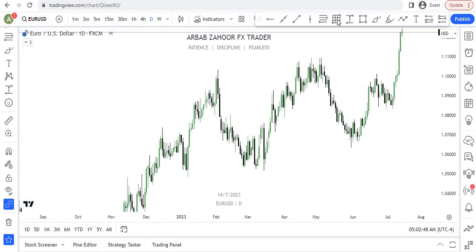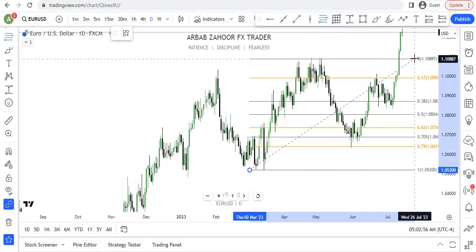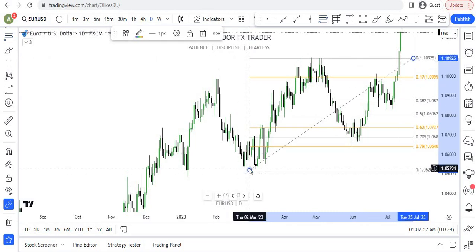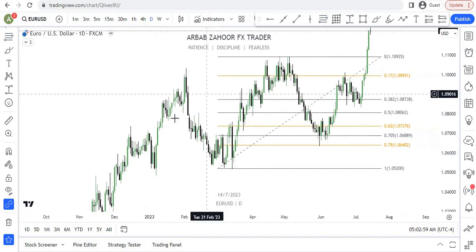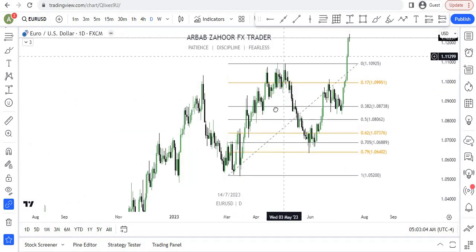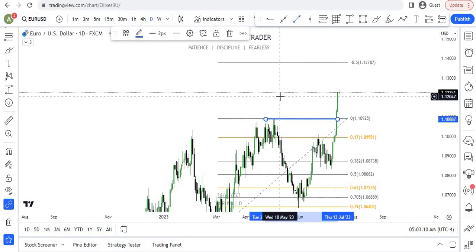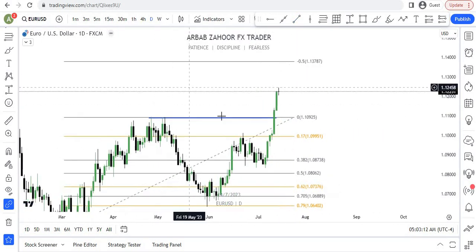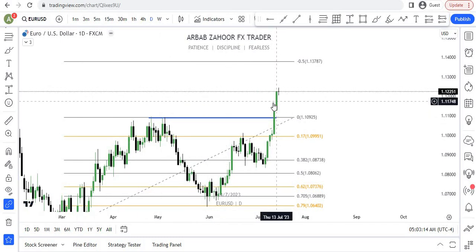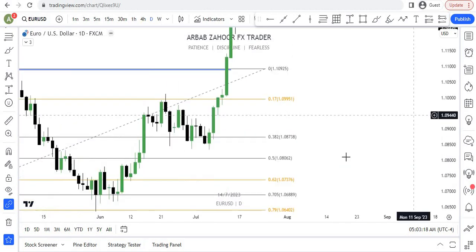If we draw the fib from here to here, from this point, you see price comes and taps on 0.62 to 0.79. So the price is bullish. How can we claim that? Because price closes above this area. Every day you see this last week, this is the Friday, Thursday, Monday, everything. Every day.